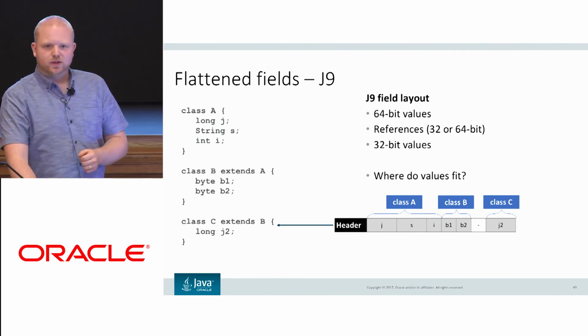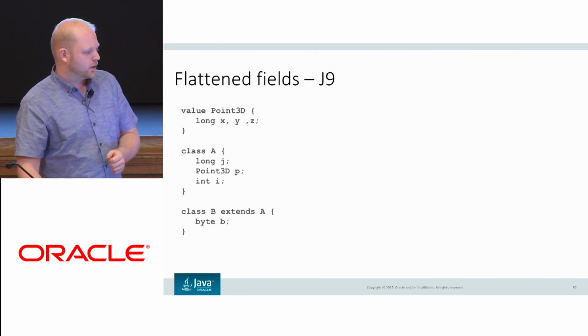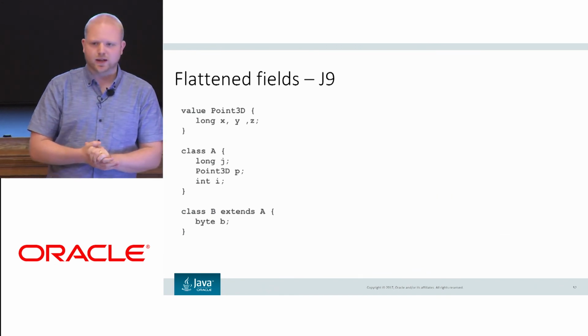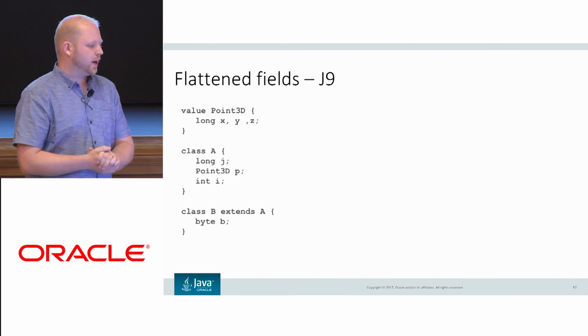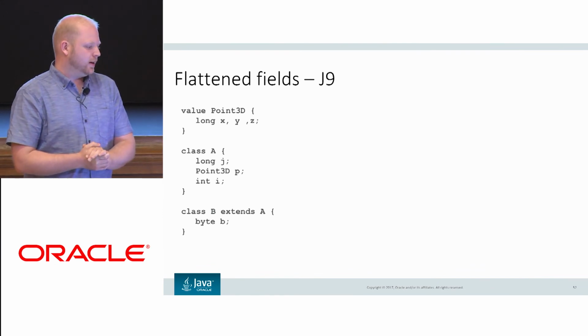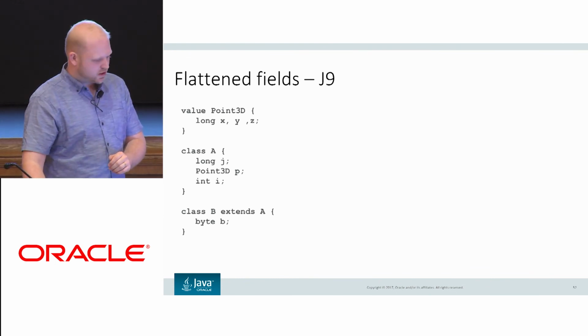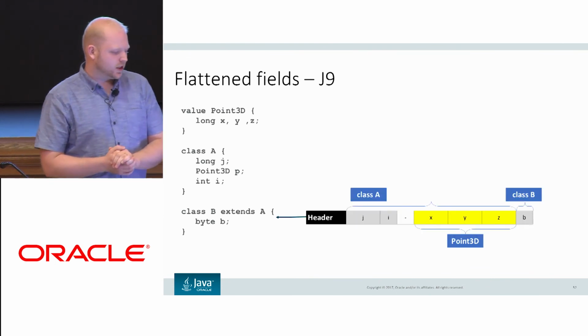But where do the values fit into this? So what we do is, if we look at a similar example, but with the value, so we have this value Point3D with 3 longs, x, y, z, and then class A has a field that we'd like to flatten. An instance of B that extends A will start off the same way.